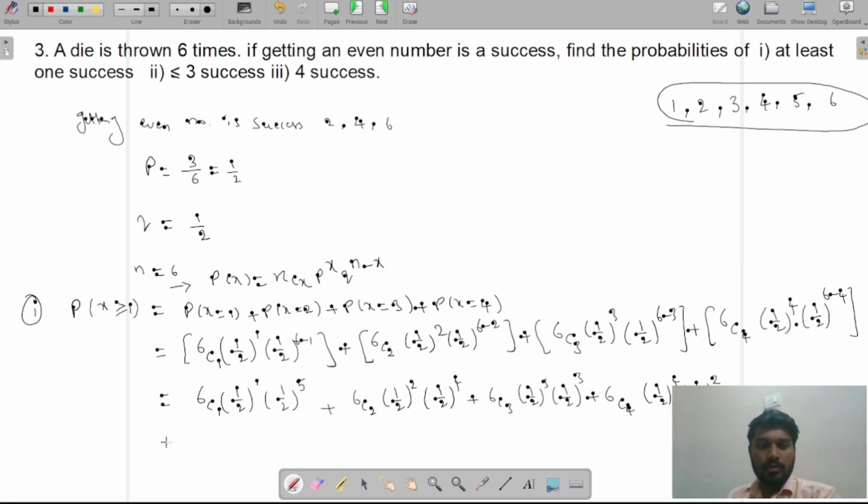So now we get 0.9844. This is the probability of at least one success.